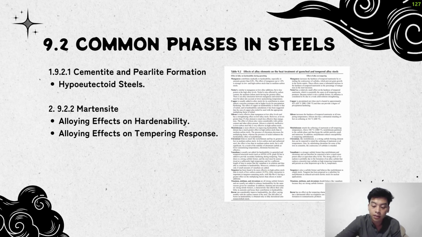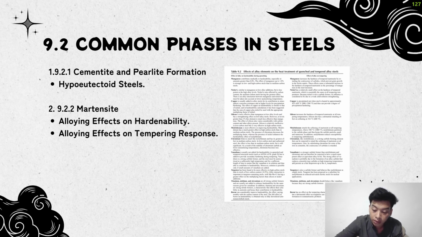First, 9.2.1 Cementite and pearlite formation. The equilibrium iron phase diagram applies when temperature is held constant or when heating and cooling rates are slow enough to approximate equilibrium or isothermal conditions. There are three types or levels of carbon alloying.